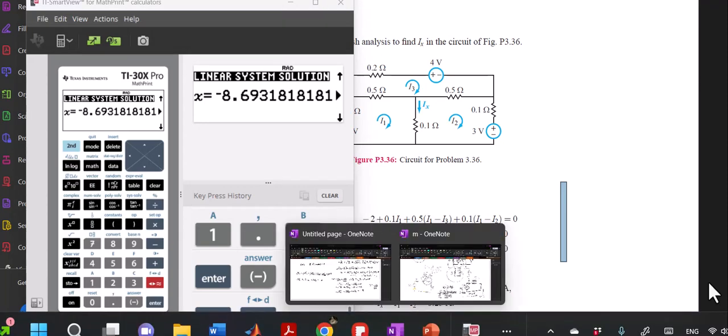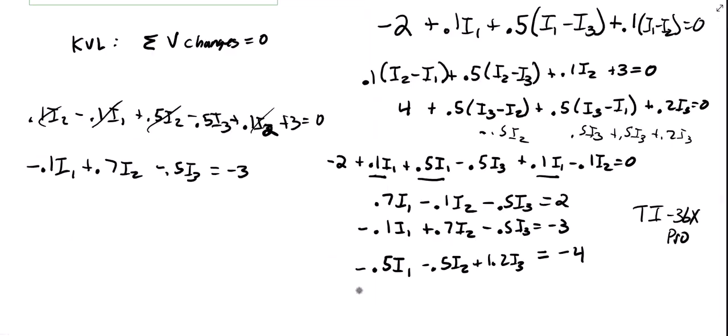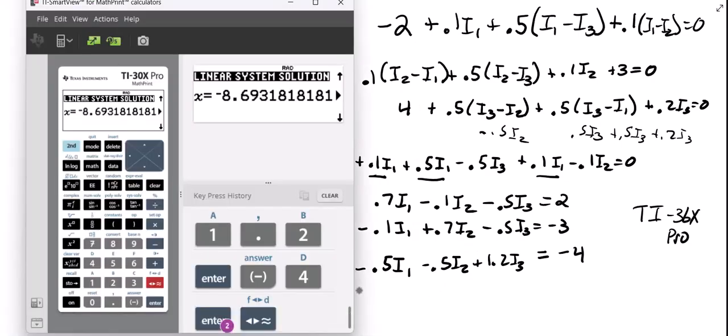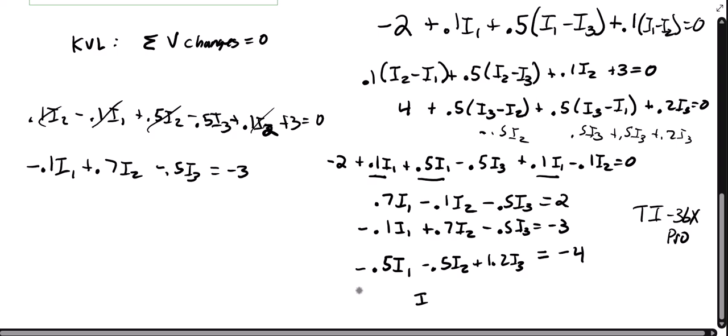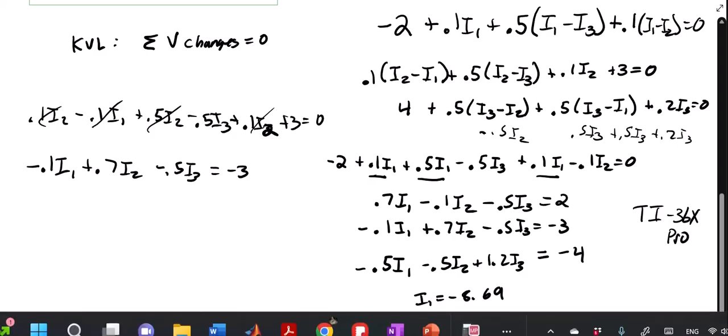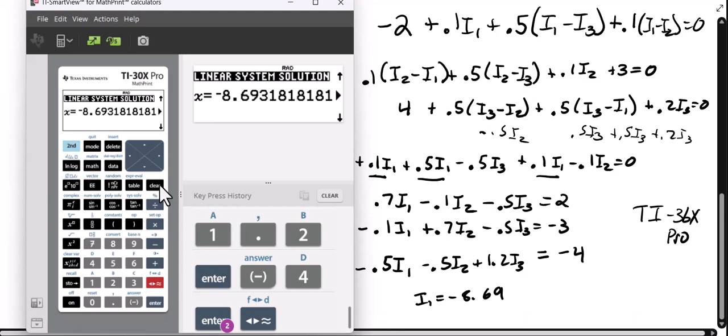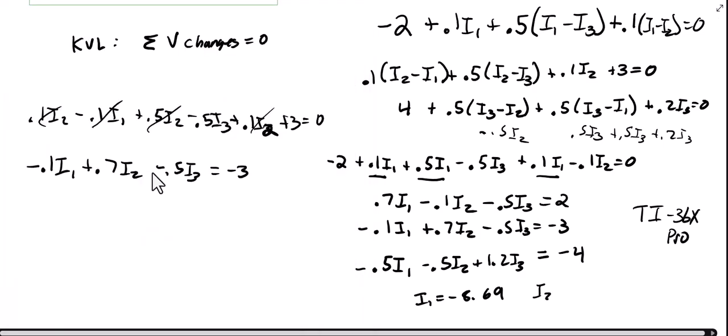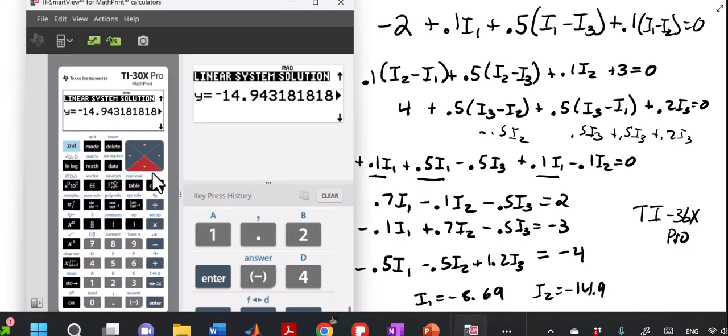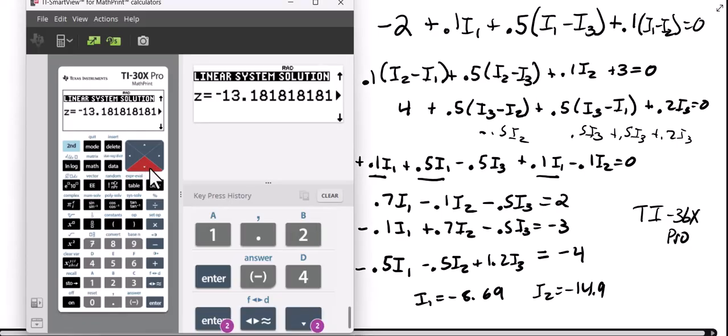So I1 is minus 8.69. I2 is minus 14.9. And I3 is minus 13.2.